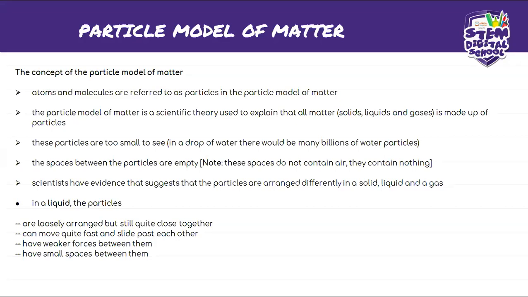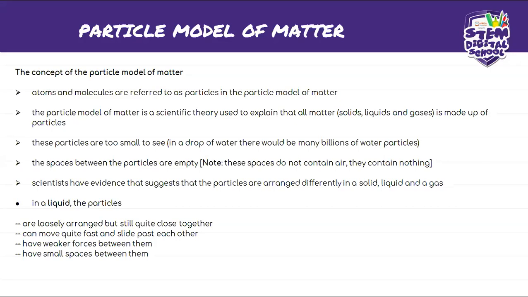Scientists have evidence that suggests that the particles are arranged differently in a solid, a liquid, and a gas. Now, when we are looking at a liquid, how are the particles arranged? The particles are loosely arranged, but they are still quite close together.